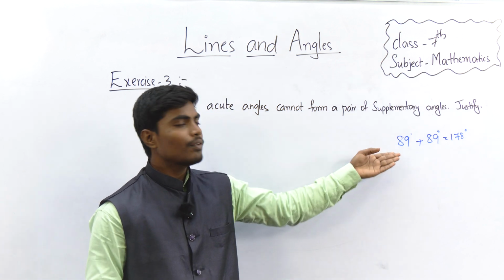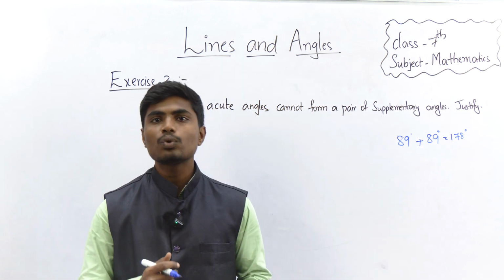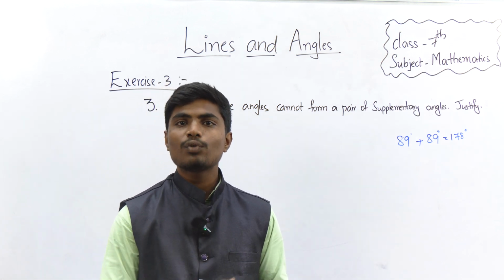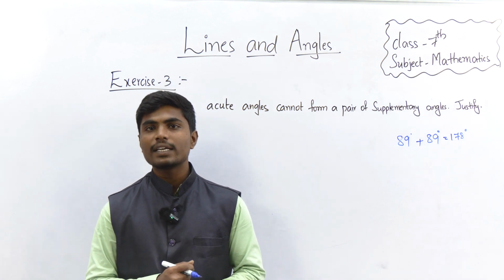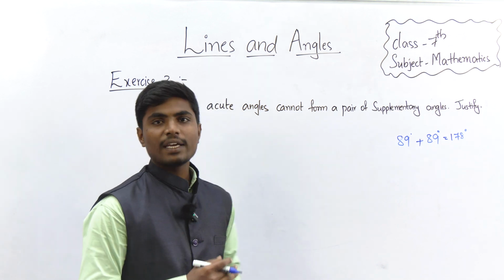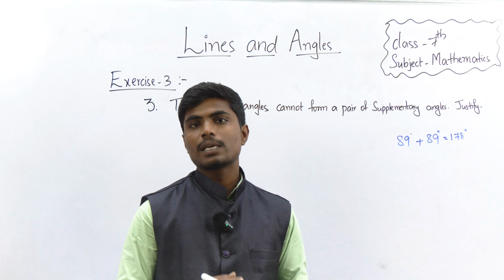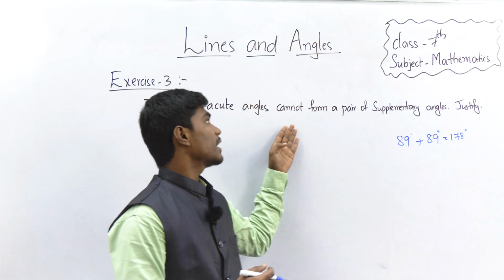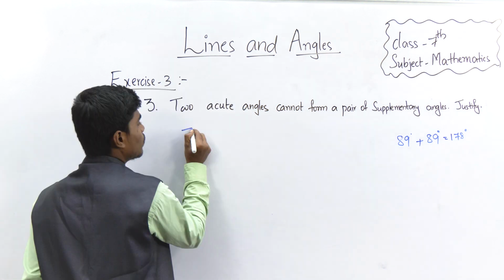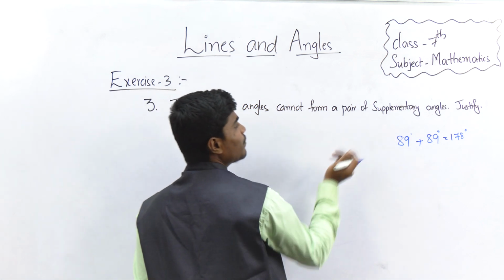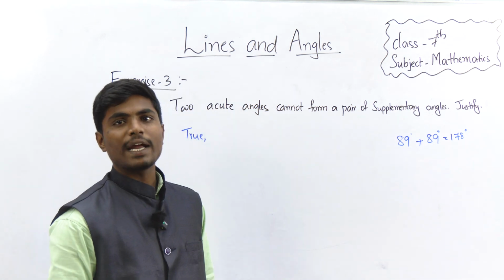Here we can observe that the sum of two acute angles is always less than 180 degrees. So acute angles cannot form supplementary angles. This statement is true. We have to justify the statement, meaning we have to write the reason.